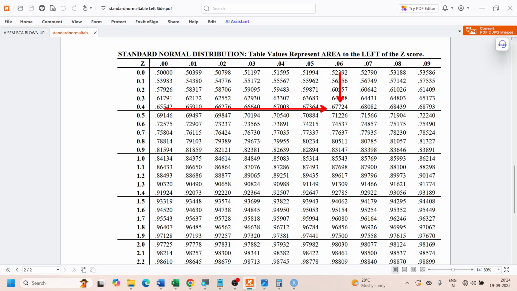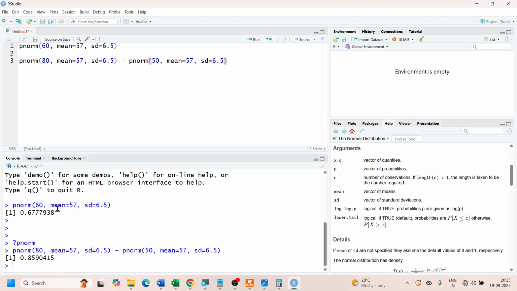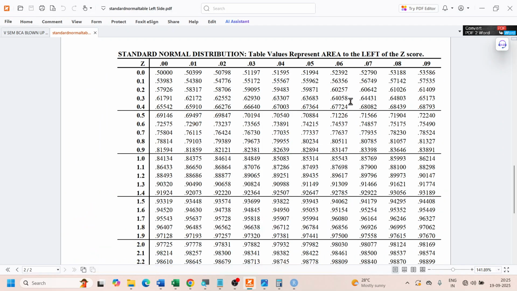If you compare this with the one obtained by our RStudio, you notice the 0.677 something you are getting, and what we are getting here is also 0.677. So you are roughly getting that same value. Three digits, definitely, 0.677 you are going to get.